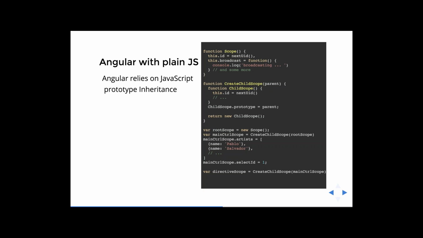And then there is one function which is create child scope. What it does is create a new child scope, but we connect the parent to the prototype. So we create this prototype chain. So every time we do a root scope, it is a new scope, and every time there is a new child scope, we pass the parent scope, and then it creates the child scope, right? And this goes on and on.